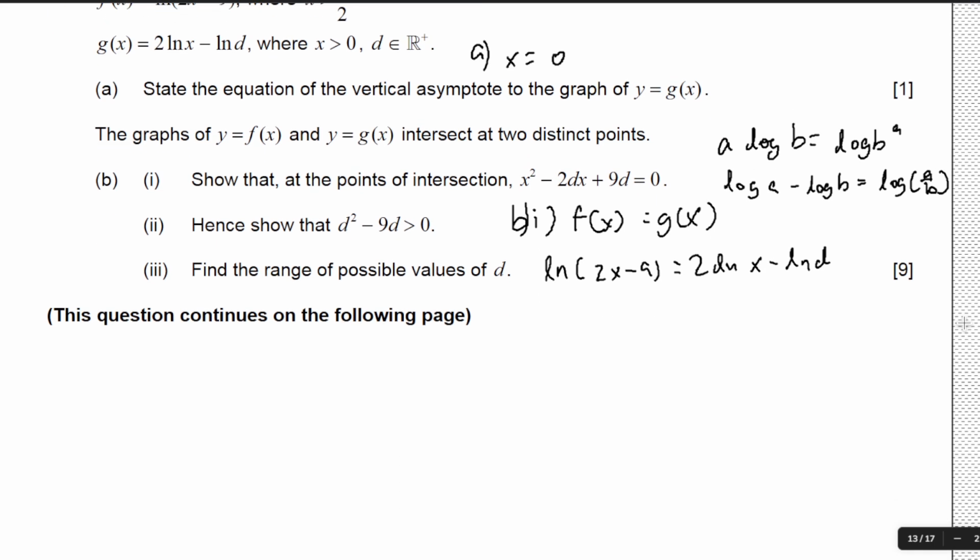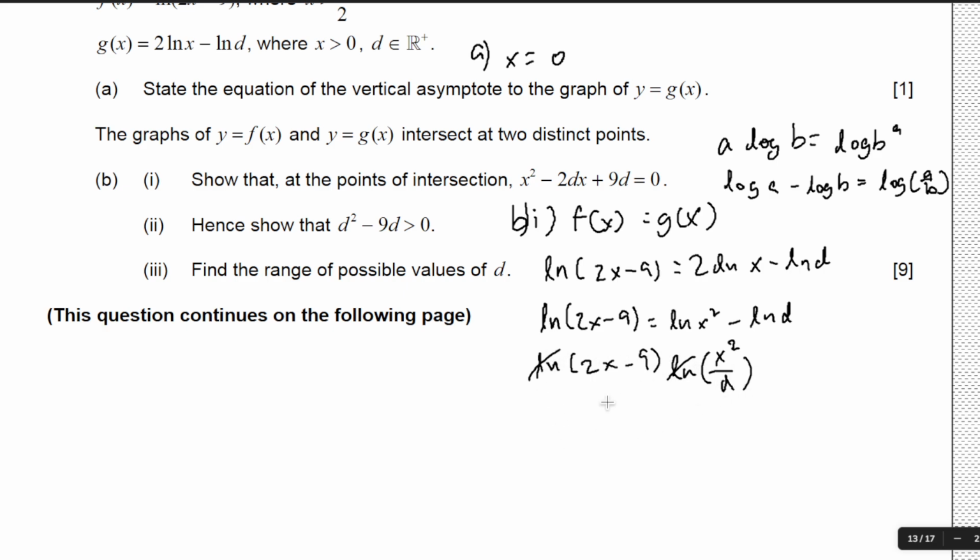Following these rules, ln(2x minus 9) equals ln x squared minus ln d, and the subtraction turns into a division, x squared over d. Now we can cancel out the ln's, which gives 2x minus 9 equals x squared over d.